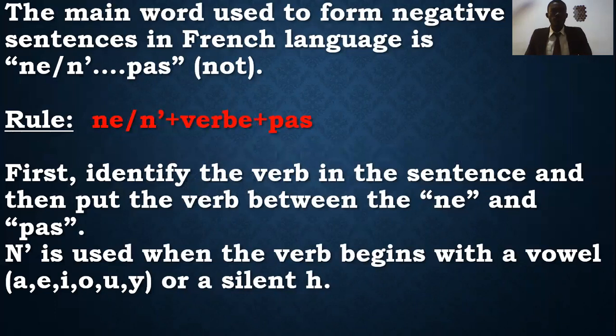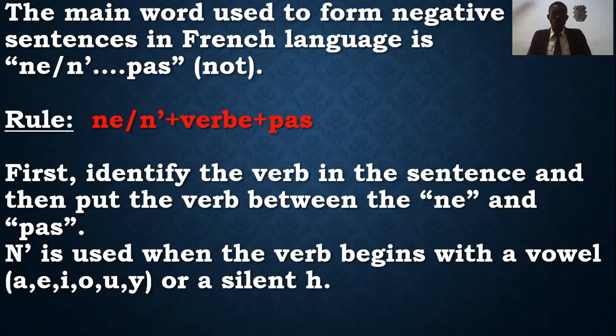The rule for turning a sentence into a negative one is ne or n apostrophe plus the verb plus pas. How? First, you need to identify the verb in the sentence. Once you have a sentence, look for the verb. And once you have found the verb, make sure you put ne at one side and pas at the other side. So the verb will now be in the middle of ne and pas.